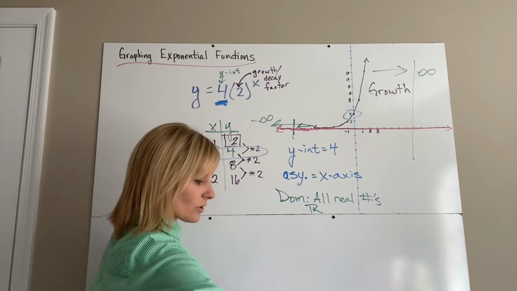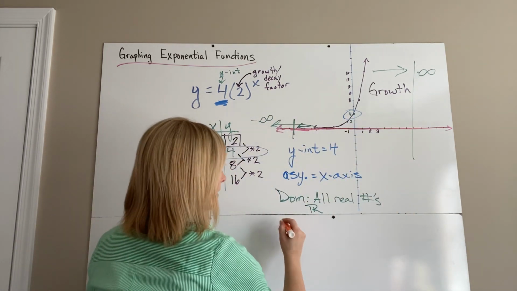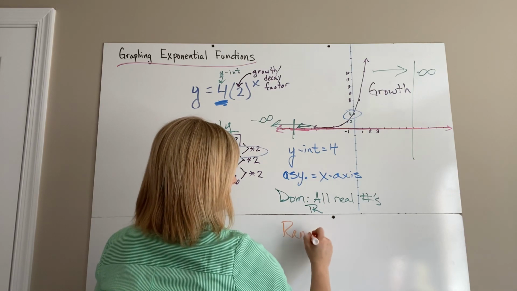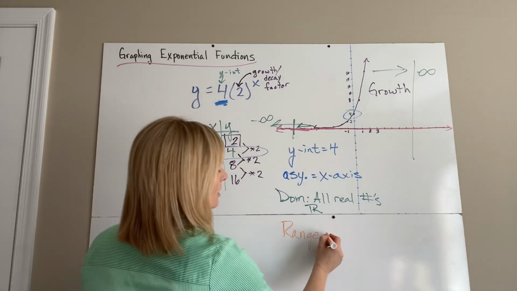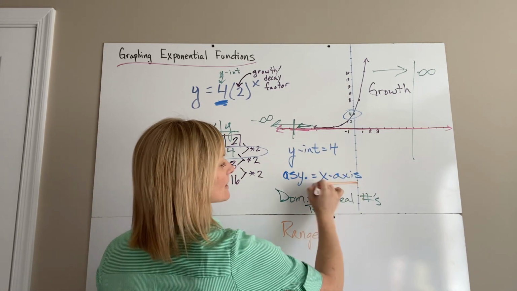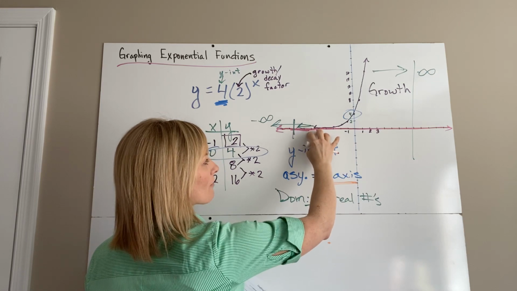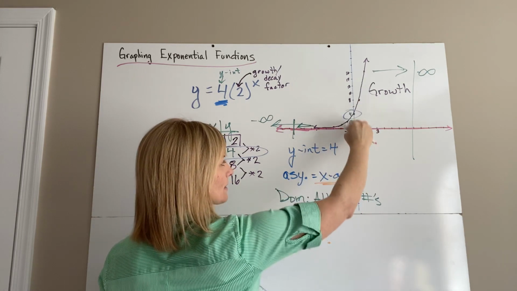What about your range? I hope you guys can see that in the video. I think you can. All right, what about range? Range, remember, it's not going to hit 0 because the x-axis is the low. It's not ever going to hit it. So it can't hit 0 on the y-axis, right?